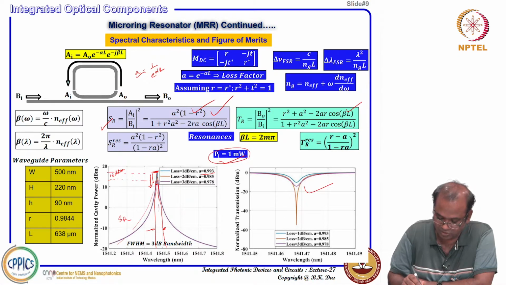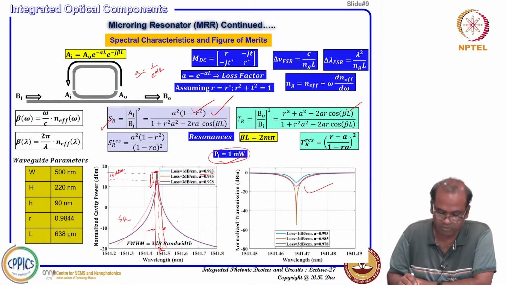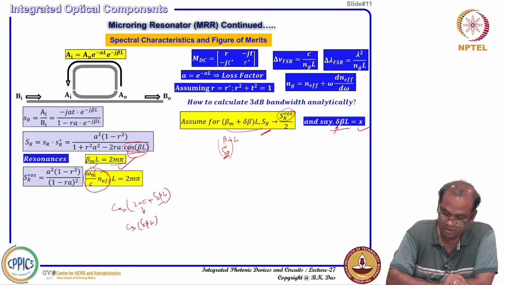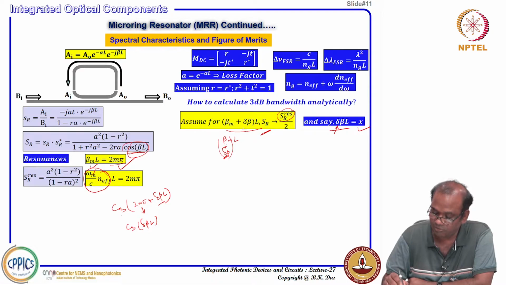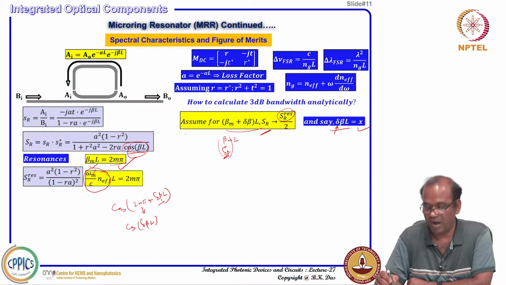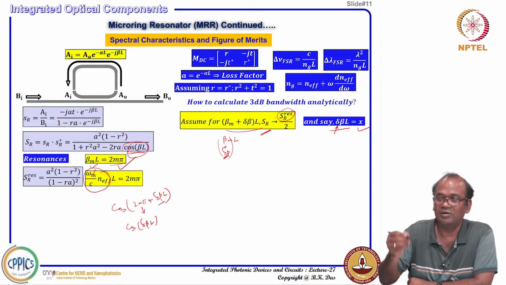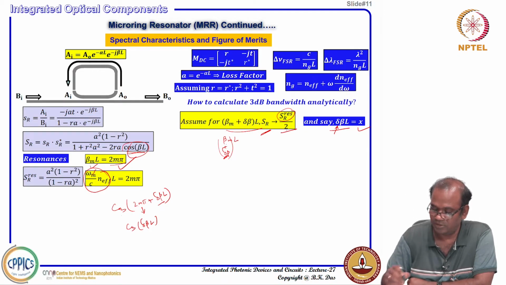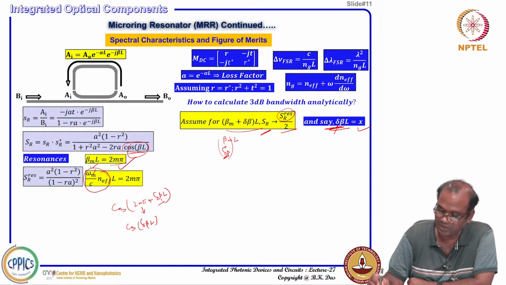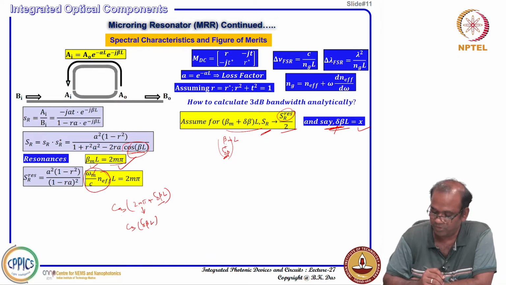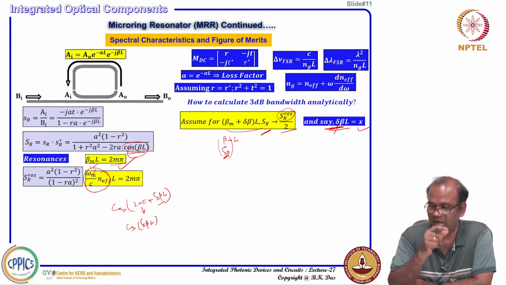If this is your resonance wavelength lambda m, and you detune the frequency a bit to the right-hand side such that the maximum becomes half, 50% of what you get at resonance, then we need to find that delta beta. I know the relationship between beta and omega, so once we find delta beta, we can find the 3 dB bandwidth. That is the whole idea.